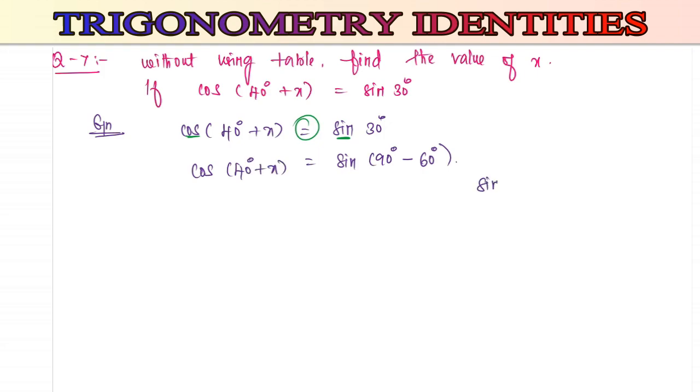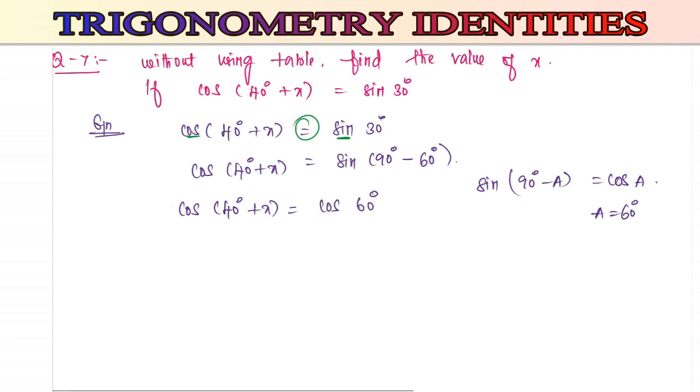Sin 90 degree minus a is equal to cos a. A you need to take as 60 degree here. So you will get cos 40 degree plus x is equal to sin 90 minus 60, which is cos 60 degree.